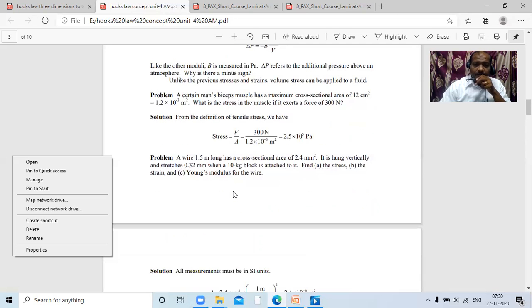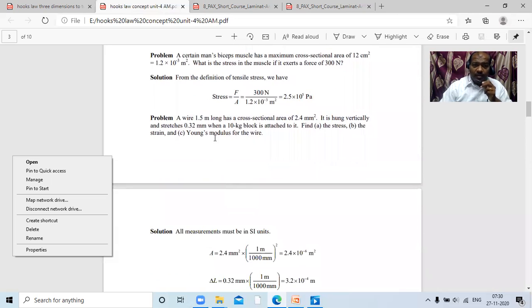Next one: a wire of 1.5 meters long has a cross-sectional area of 2.4 mm square. It is hung vertically and stretches 0.32 mm when a 10 kg block is attached to it.